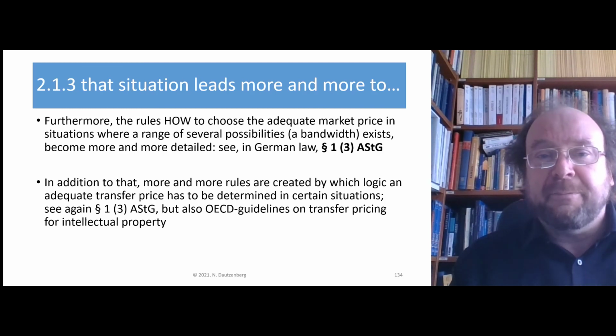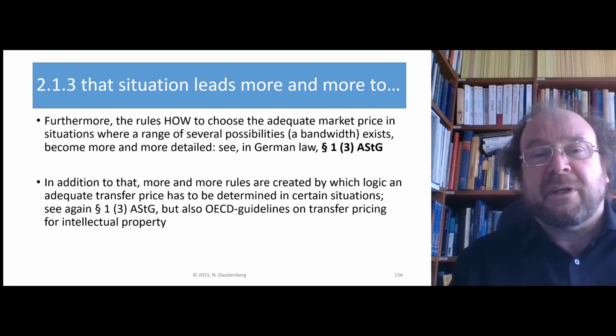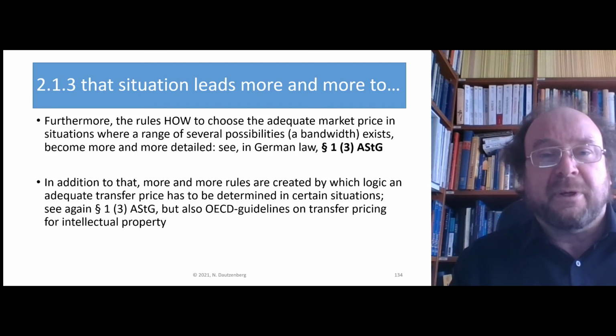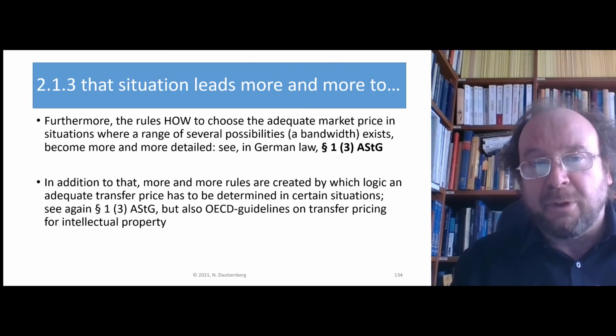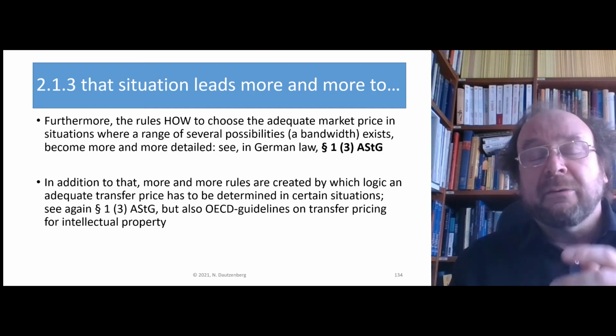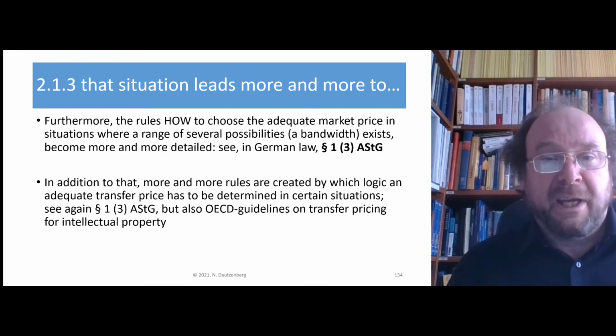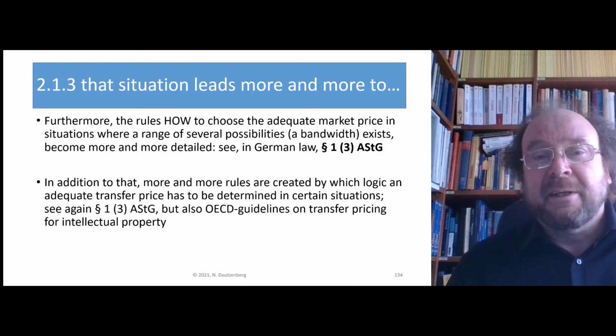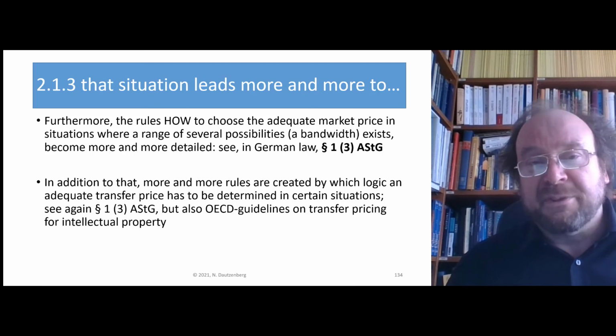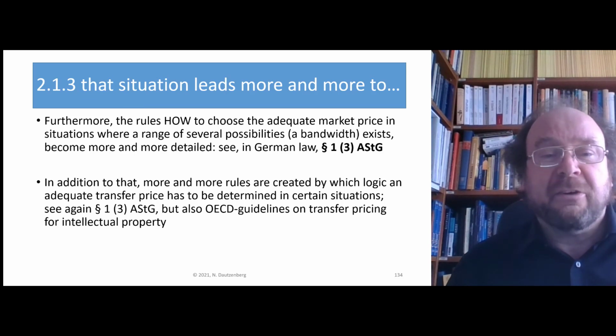And the OECD has issued more and more reports on what should be done, by which methods and which ideas an adequate transfer price should be found within a group, for example, for intellectual property, and which circumstances should be taken into account and how reasonable persons would behave. That's interesting because sometimes the persons who really act in the market would be surprised when they hear how they should act according to the ideas of the fiscal administration.